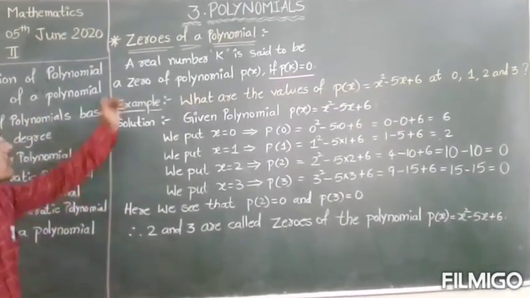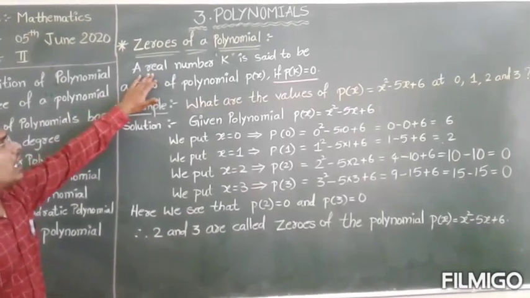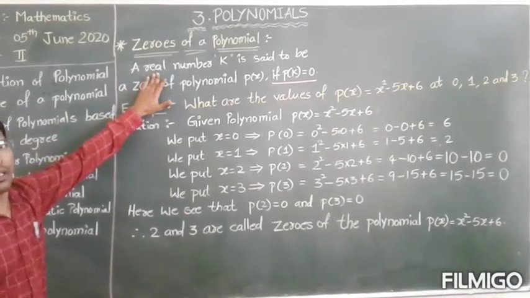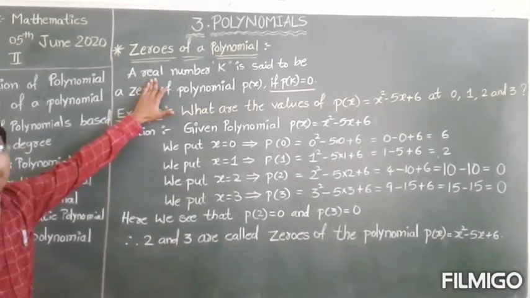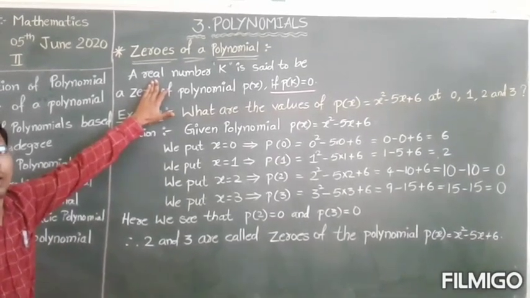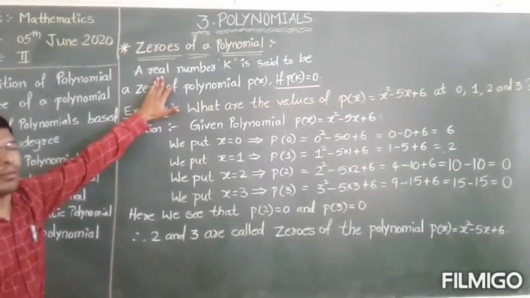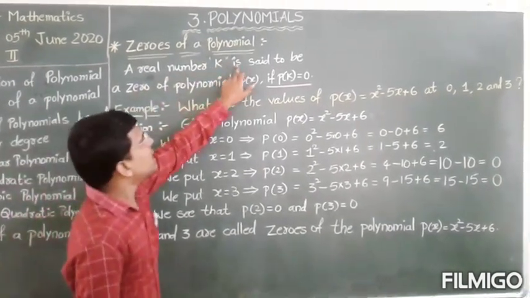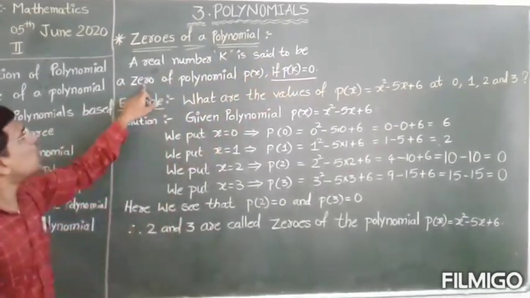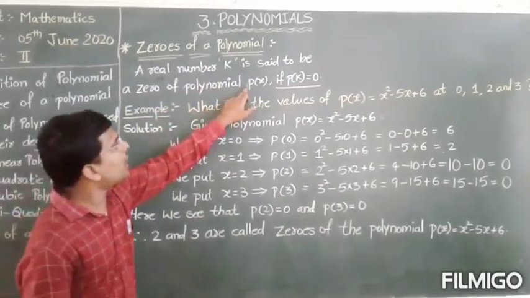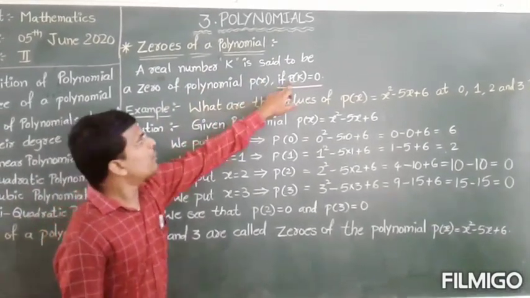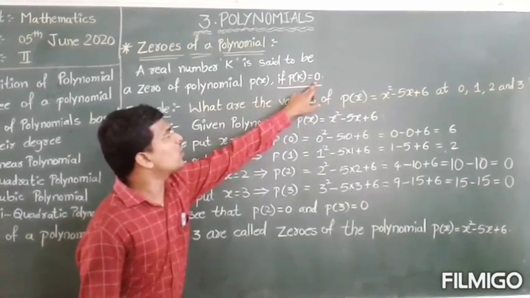Let me explain. A real number means any number. It may be rational, irrational, whole numbers, natural numbers and integers. It may be any number. k is said to be a zero of a polynomial P(x) if P(k) = 0.